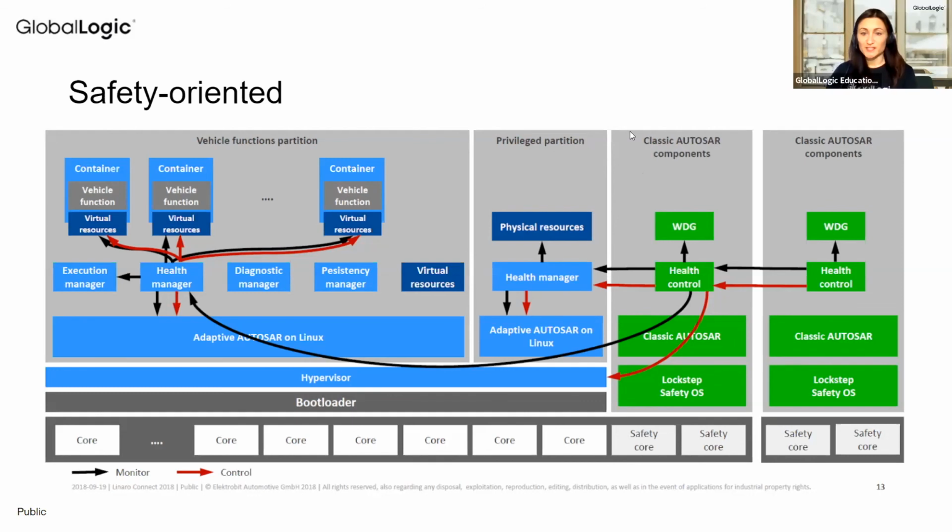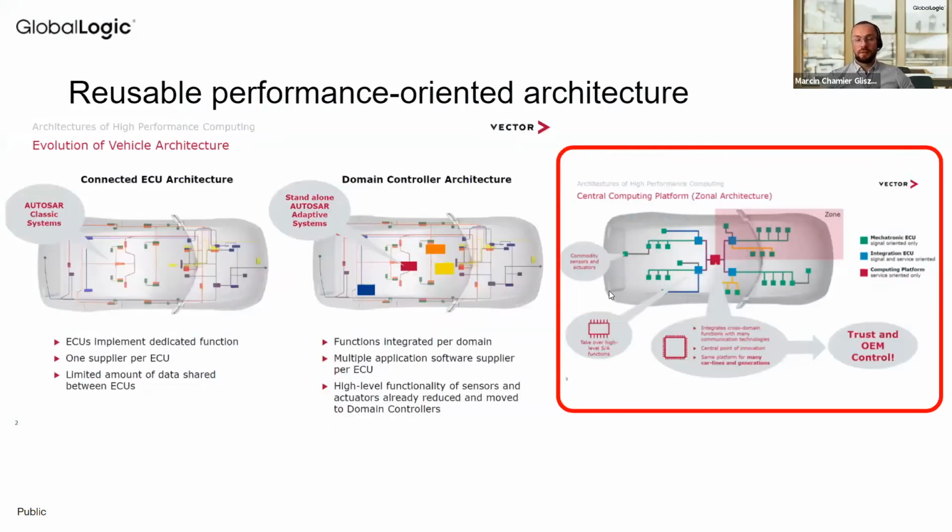Thank you very much. And we have another question connected with ECU. Where, or in which ECU or components, will the classic platform be used or applied in the 3 architectures you showed? So as we can see here in the current domain-based architecture, we have ECUs connected with the classic platform.